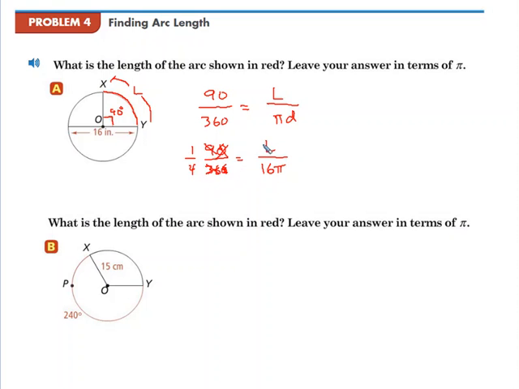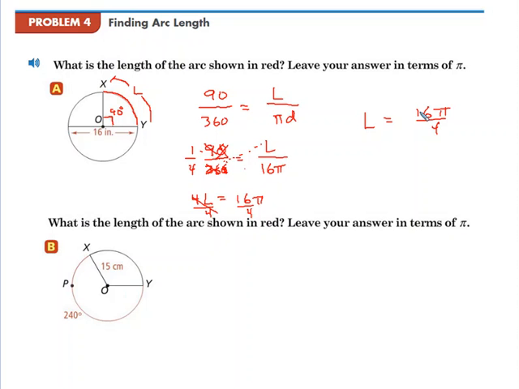So when I go to cross multiply, I'm multiplying L times 4, and then 16 pi is just going to multiply times 1. So to solve for L, it only takes that we divide by 4. So my final expression is L equals 16 pi divided by 4.